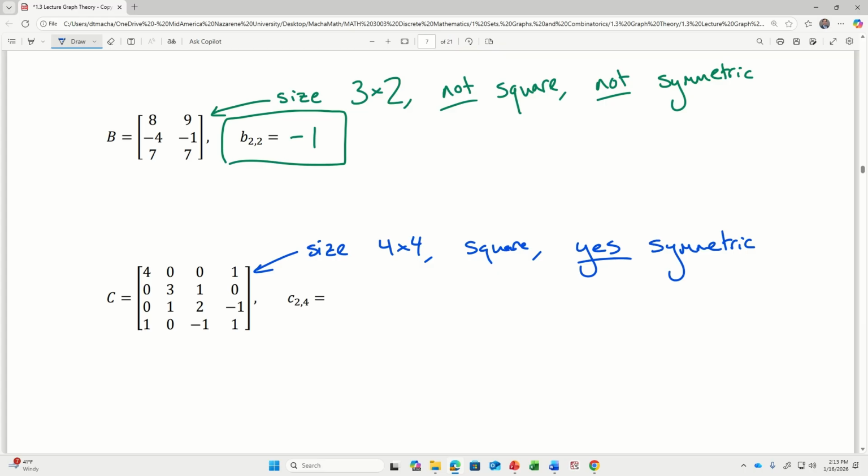Doesn't matter what those are. What matters is that the entries on either side of the diagonal are the same across from one another. So this is a 0 and a 0, 0, 0, 1, 1, 1, 1, 0, 0, -1, -1. That's what makes it symmetric. All right, Antonio, what's the entry in row 2, column 4? 0. So C24 is 0.